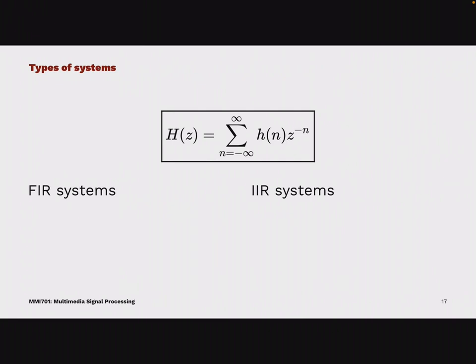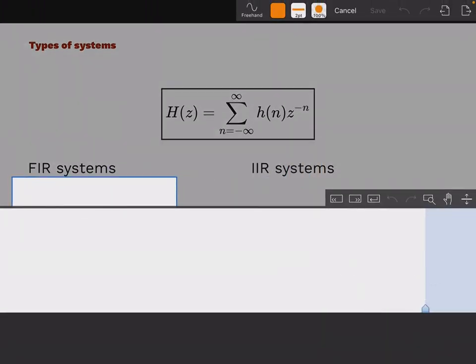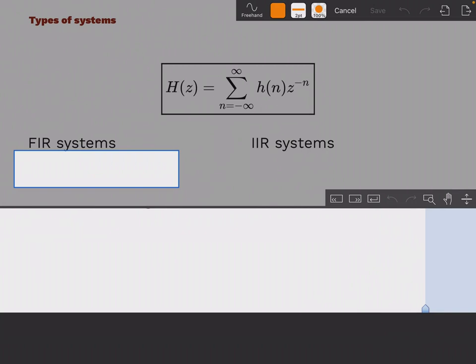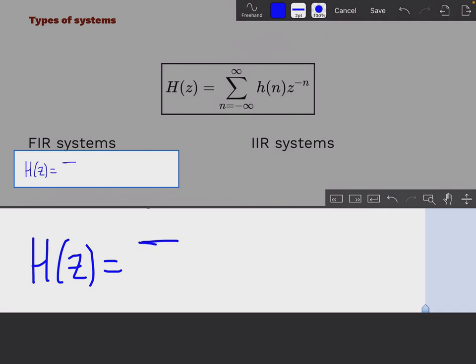Okay, so let's have a look at the first example. Let's say we have a finite impulse response system, which is also causal. There's nothing that prevents our system from being causal. So let's say the Z transform, sorry, I'm going to write it in blue, H of z is equal to the sum over k from 0 to m of b sub k z to the power minus k.